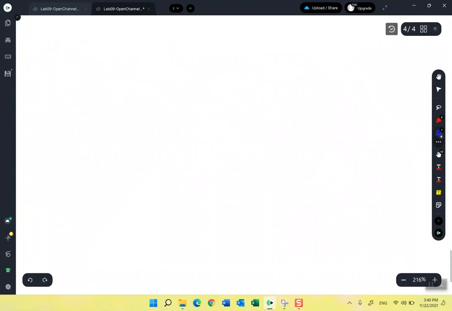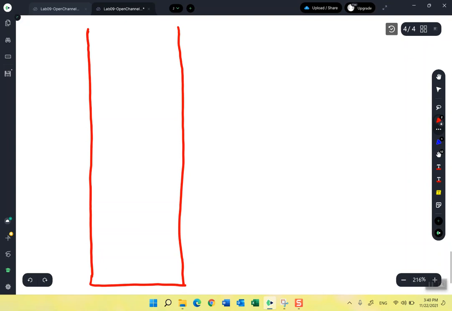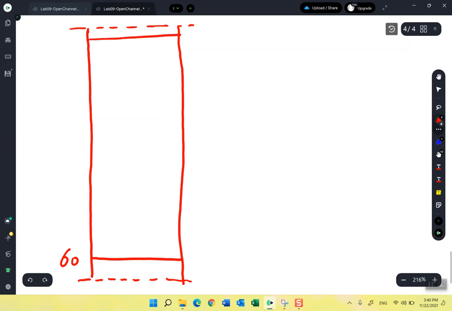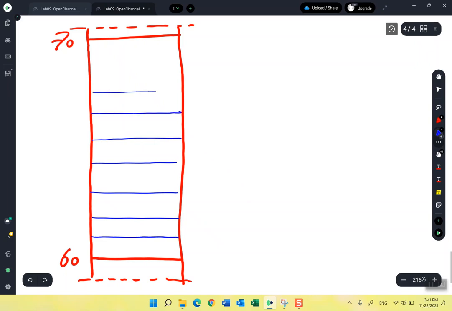So if this is the fixed ruler, and just for example, in our case, it was showing here that this is 60 and here is 70, and in between these two numbers were very fine marks that represent the millimeters. 1, 2, 3, 4, 5, 6, 7, 8, 9.